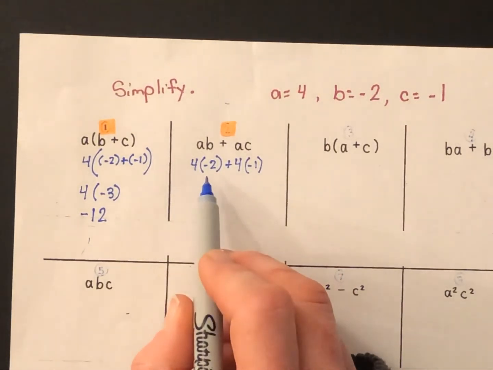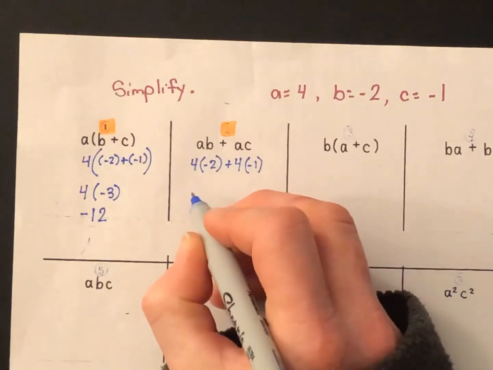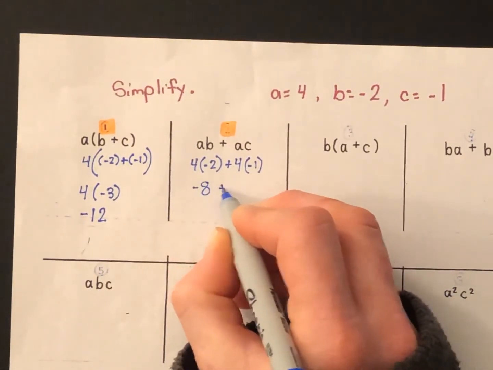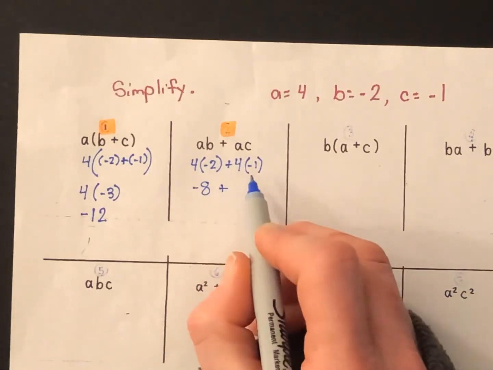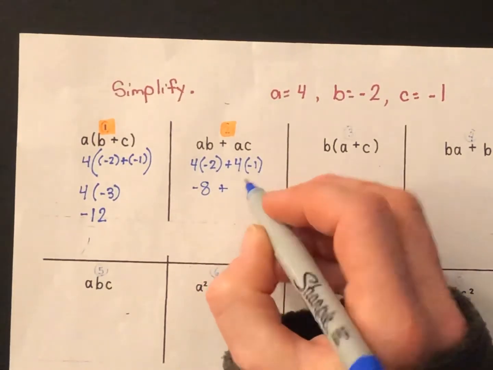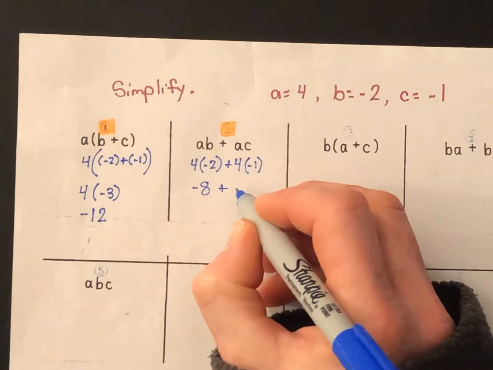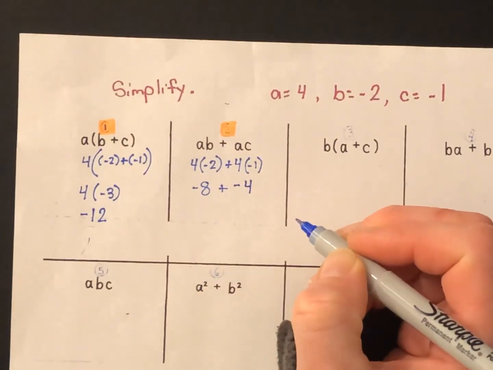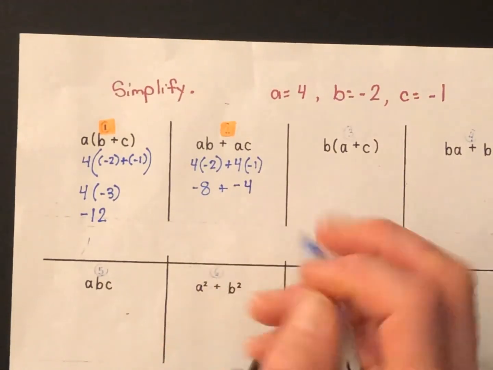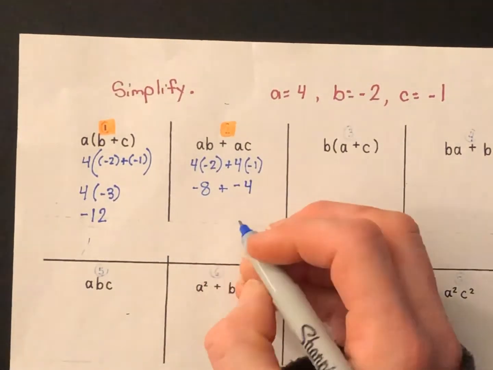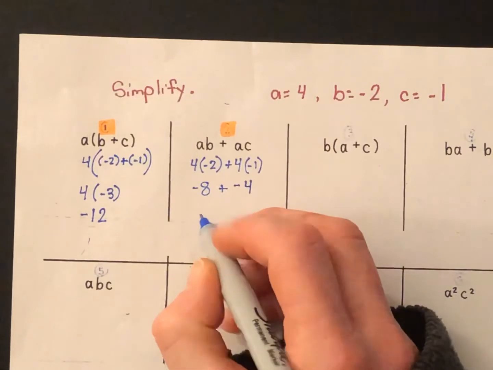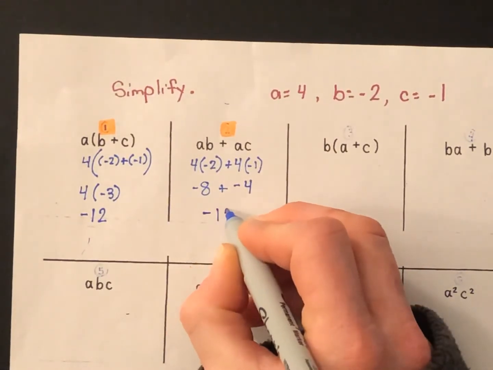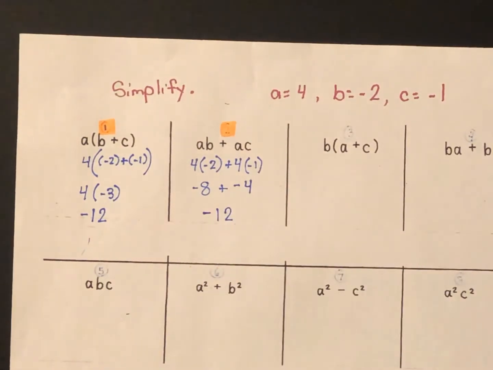Four times -2 is -8 plus 4 times -1 is -4. So basically I have -8 minus 4. That becomes -12.